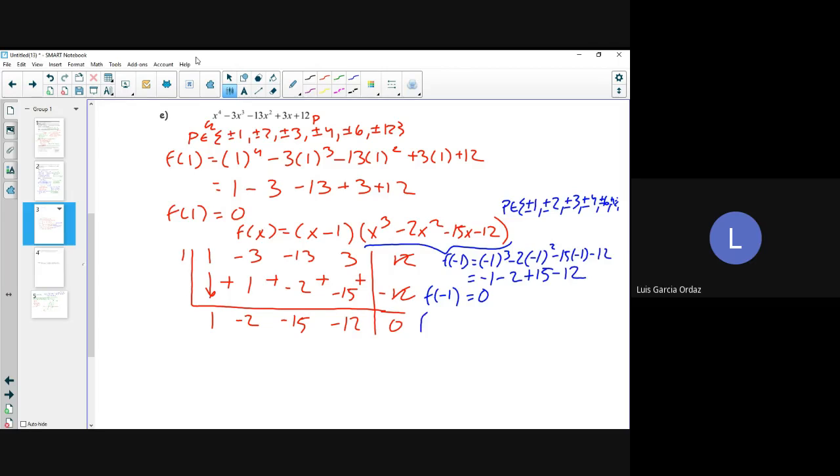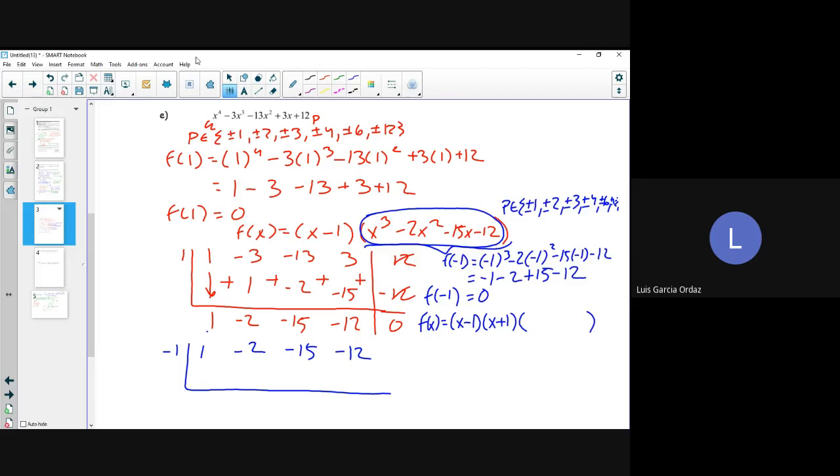So we are left with f of x is equal to x minus 1 times x plus 1. And then we need to figure out what our remaining trinomial is. So remember, we're still focusing only on the polynomial expression in the bracket. So we have 1, minus 2, minus 15, and minus 12.